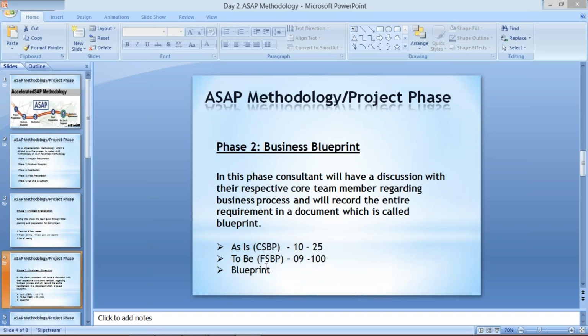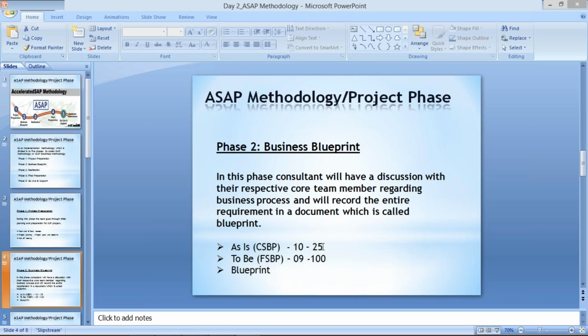Now, in CSBP, or the as-is document, what they are going to specify is, let's suppose they have a total of 10 activities or 10 processes, whatever you say, and based on those, they are going to fetch 25 different kinds of reports.